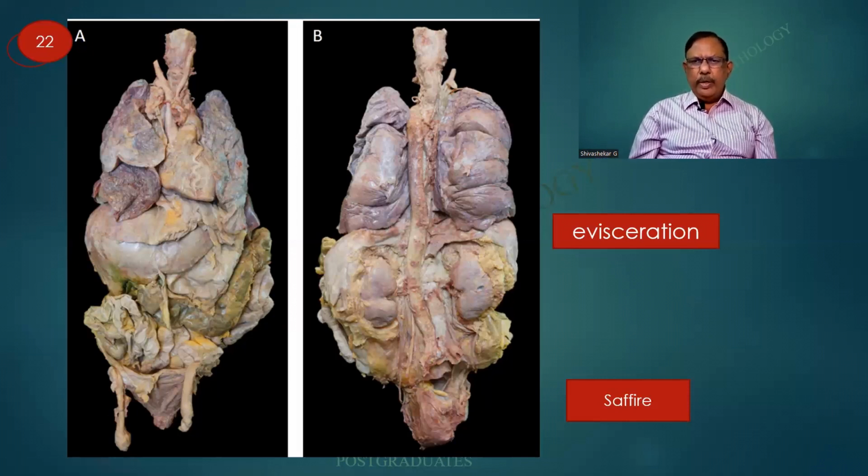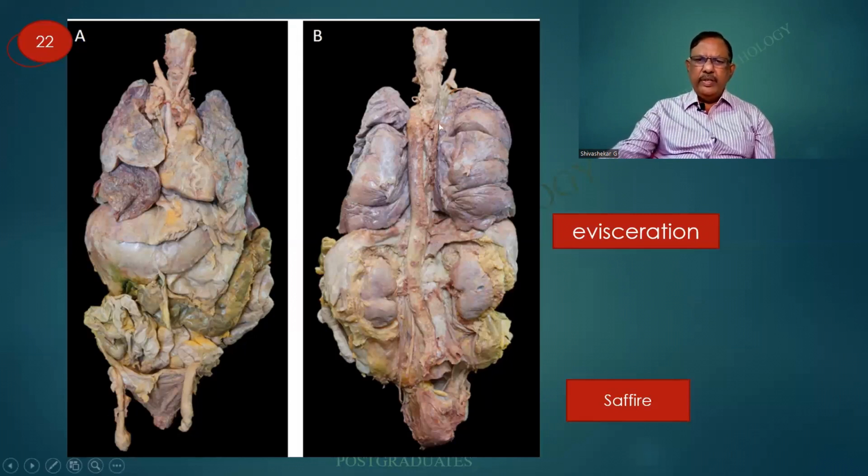So I have the abdominal organs in continuity with the esophagus, and the thoracic organs in continuity with the aorta and the inferior vena cava, so that they have some meaning. After which they are transected at the diaphragm. I get separate thoracic organs, separate abdominal organs. Pelvic organs we'll see later.